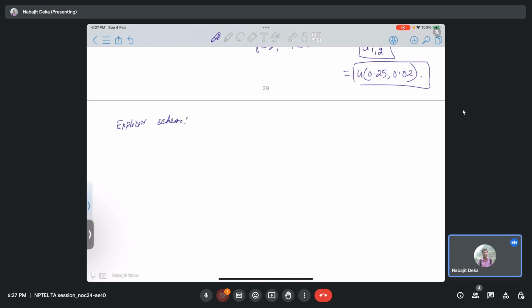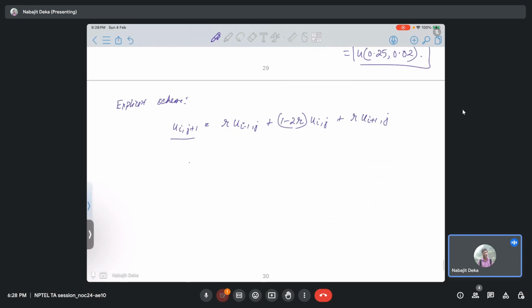So we'll write the explicit scheme: u i j plus 1 equals r u i minus 1 j plus 1 minus 2 r u i j plus r u i plus 1 j. So this is the explicit scheme. We see the j plus 1th interval is on the left hand side and all the jth intervals are on the right hand side.